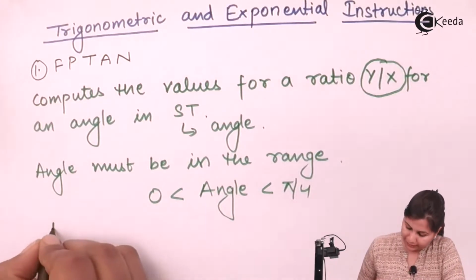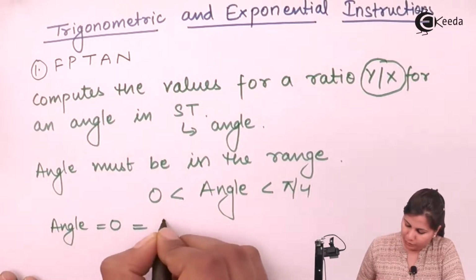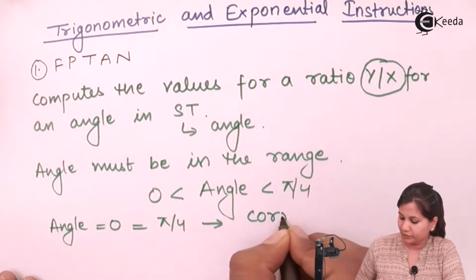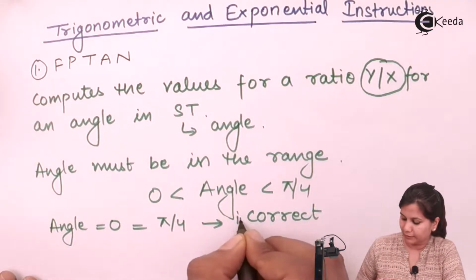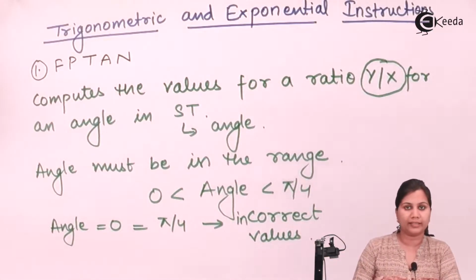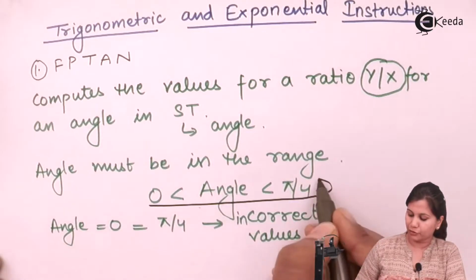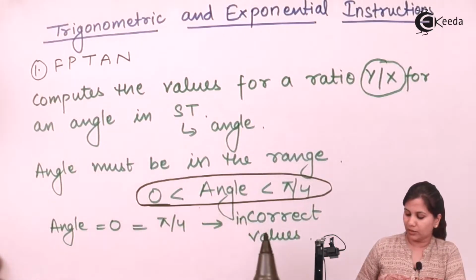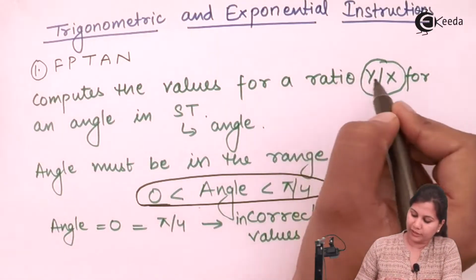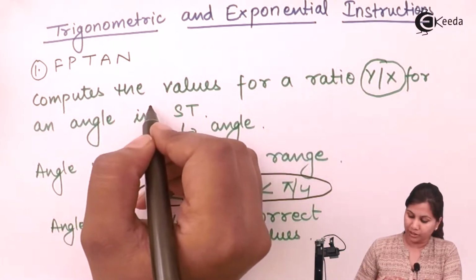When the angle is equal to 0 or equal to pi by 4, this instruction will give incorrect values. So the range is specified that the angle should be greater than 0 and less than pi by 4. In that range only the ratio y by x is calculated.